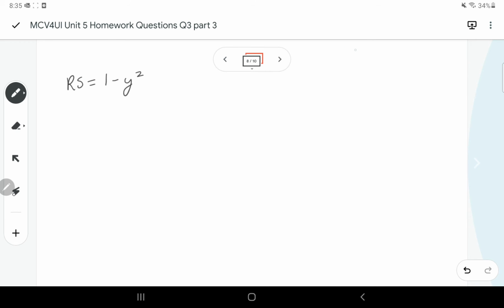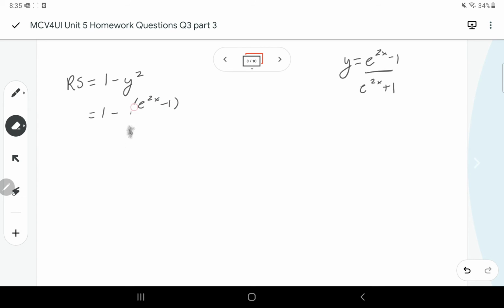Just as a reminder, we have y equals e to the 2x minus 1 over e to the 2x plus 1. I haven't worked this out, I just simplified the derivative as much as I can, and now I'm going to work on the right-hand side and say, well, what's 1 minus y squared? So this is going to be 1 minus e to the 2x minus 1.